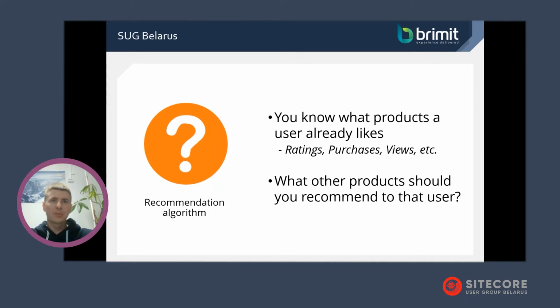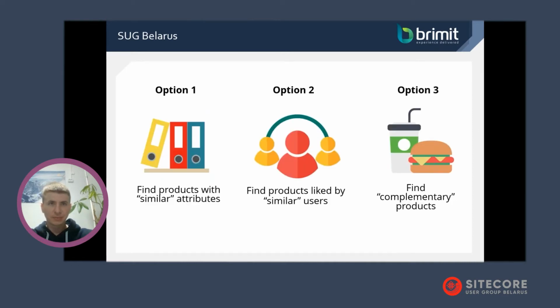There are multiple ways of answering this question. One option is to find products which have similar attributes to the product that the user already likes. For example, if a person likes sci-fi books, then we can recommend him other sci-fi books.